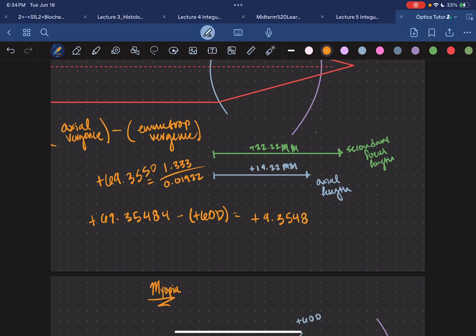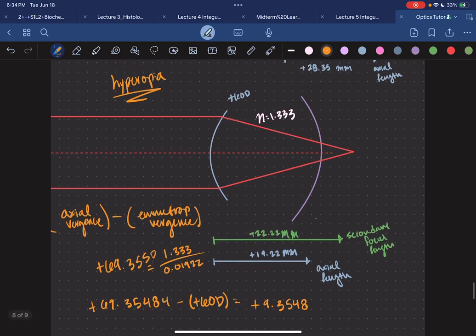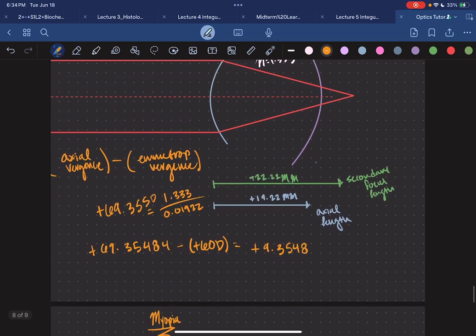So, if we just do our math, and that applies to the one above, if we do the axial vergence, what it needs, minus by the front surface power of 60, that will give us the correct sign of whether it's converging or diverging lens. And so this one's going to be a positive, a convex lens, a positive 9.3548. So that's what it needs.